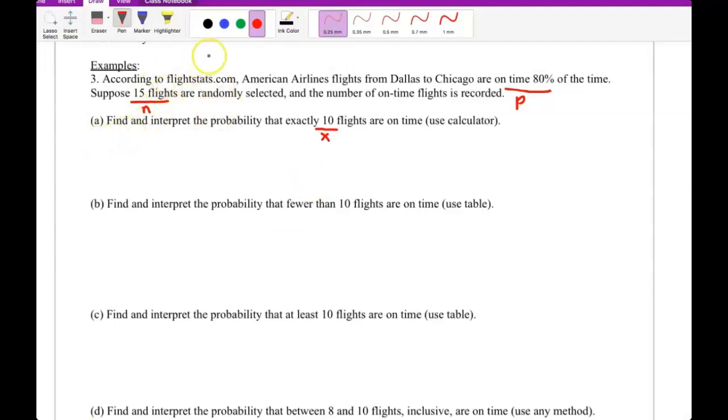Okay, so part A, here the probability of X equal to 10. Using the calculator, we have binomial PDF.